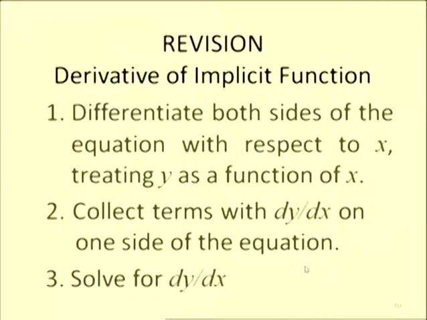And also we have seen the derivative of an implicit function. Implicit functions are directly differentiated on both sides with respect to x, and then we solve for dy by dx.